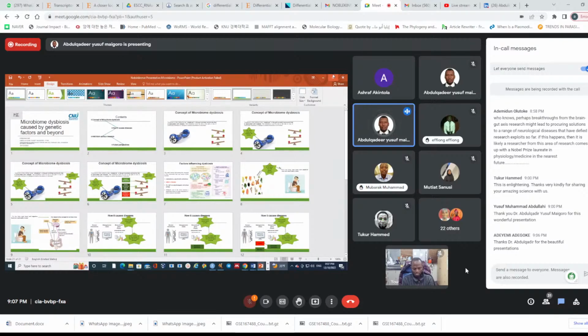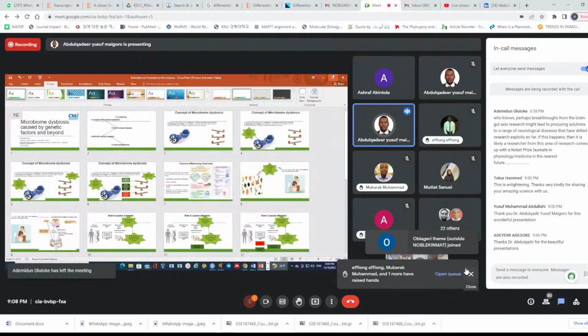For example, in one of the works I did, I realized Escherichia coli, E. coli, is not really much in abundance when you check its abundance in both disease and healthy. But it has the potential of producing endotoxin, of which 0.01 milliliter produced by E. coli can destabilize the whole system.